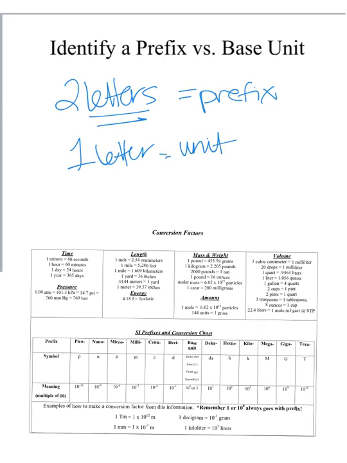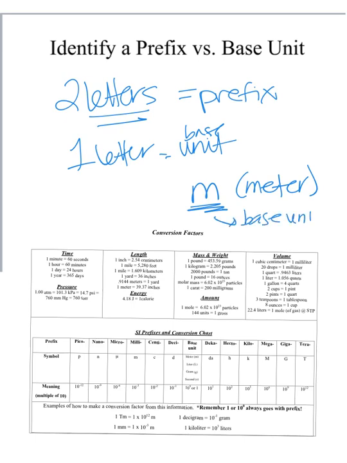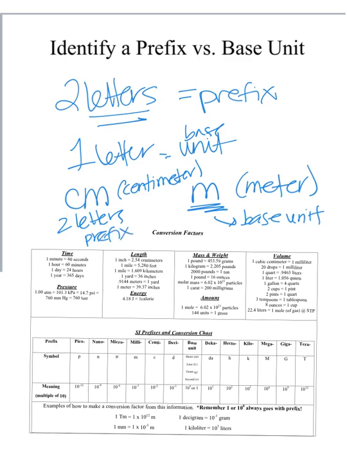So for example, meters, okay, that's 1 letter, base unit. Versus if you see something like cm, 2 letters, so centimeter. That's telling you that this has a prefix. And that's super important for when we establish our equalities and our conversion factors.